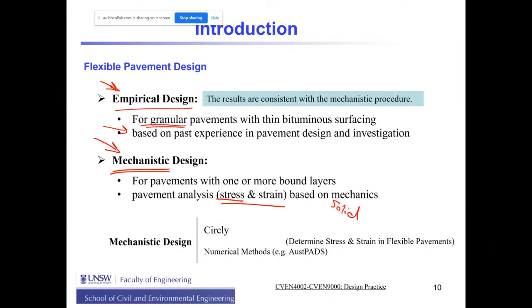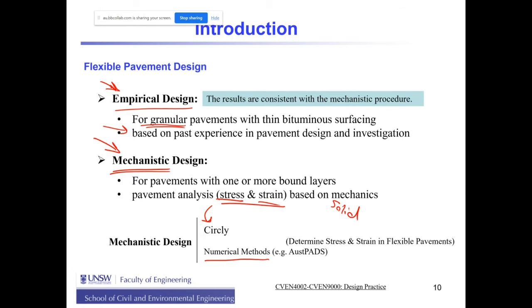How can we determine these stresses and strains? We need to use some software like CIRCLY. CIRCLY is the software provided by Austroads for determination of the strains and for the design of flexible pavements. Instead of CIRCLY, you can also use numerical methods for determination of the stresses and strains.